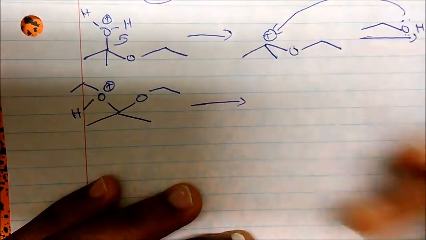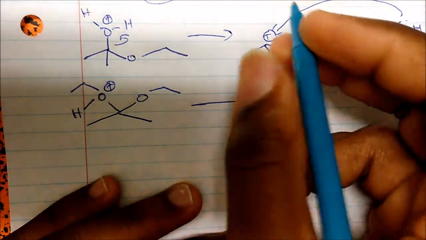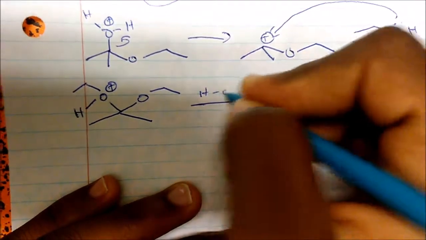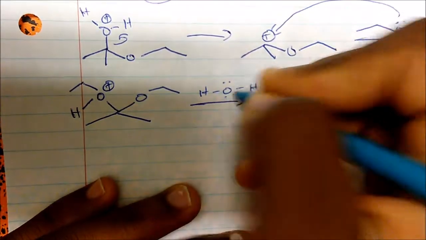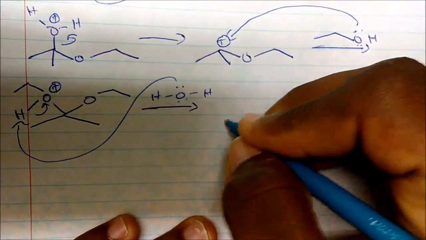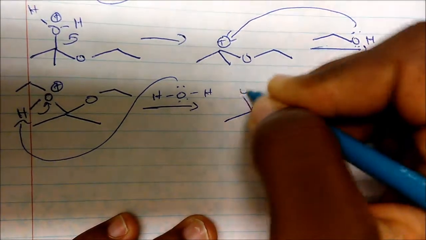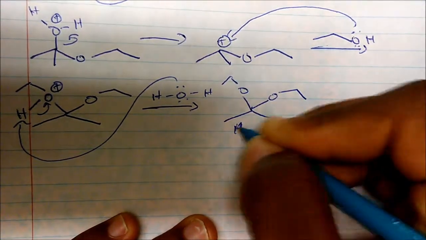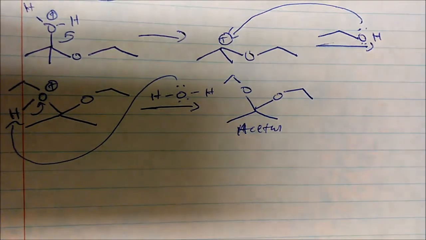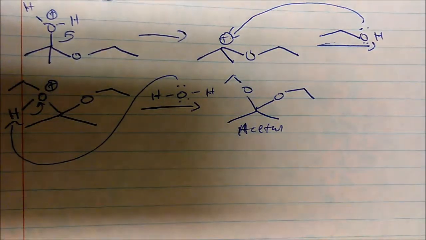So in the last step, remember, we formed water in solution. Water is going to come in and act as a base and take this hydrogen off, and we get our neutral molecule. This is where we form the acetal.